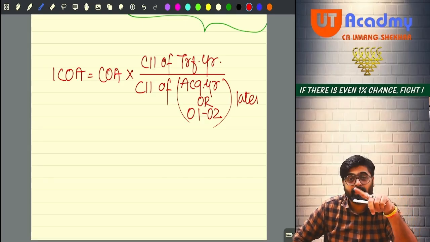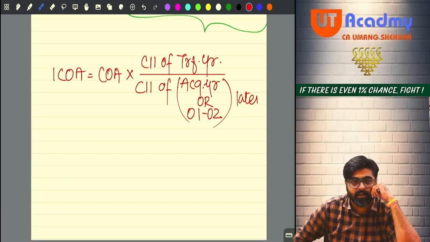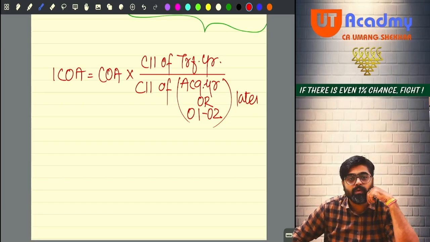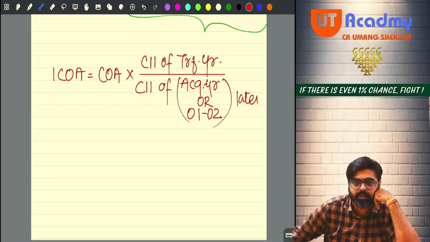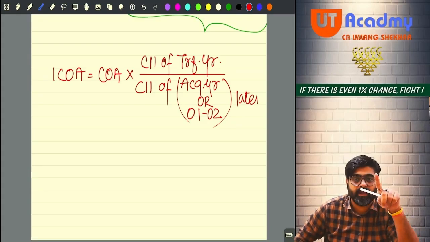If the acquisition year was 09-10, then 09-10 or 01-02, take the CII of 09-10, because 09-10 is later than 01-02. This is the way in which the cost of acquisition must be indexed.